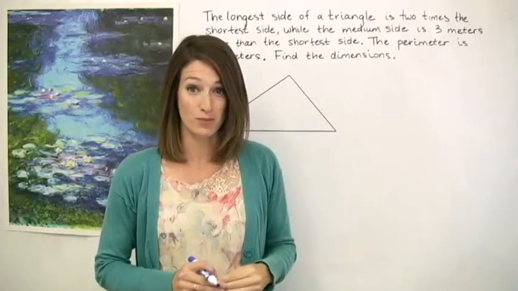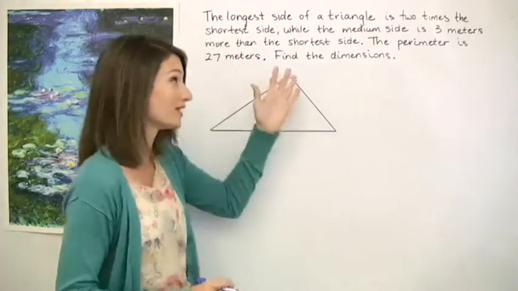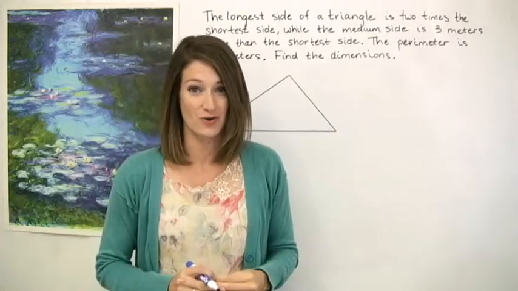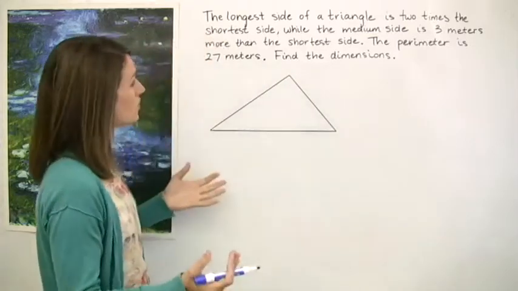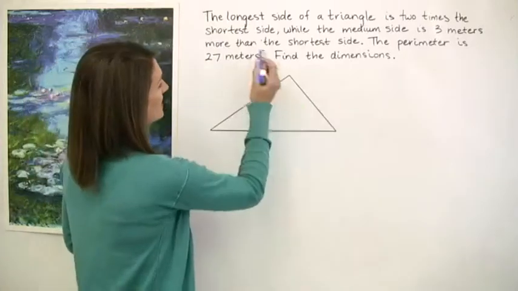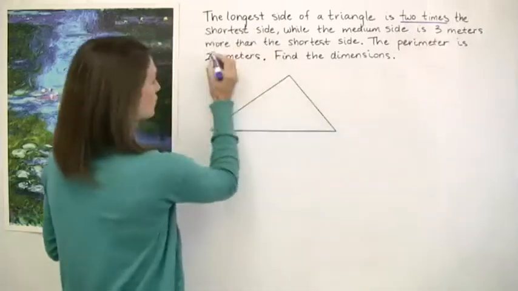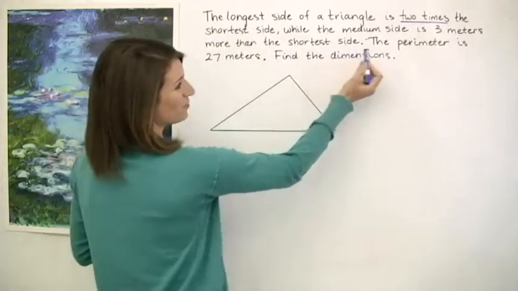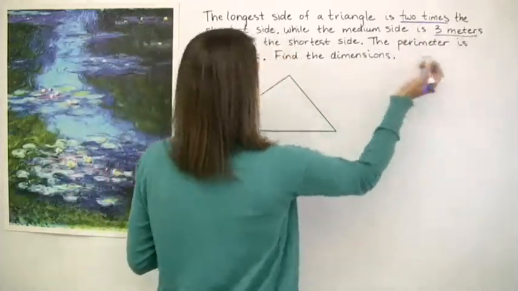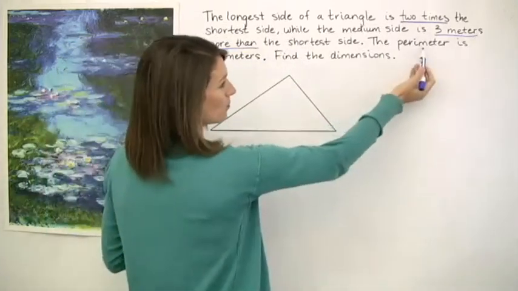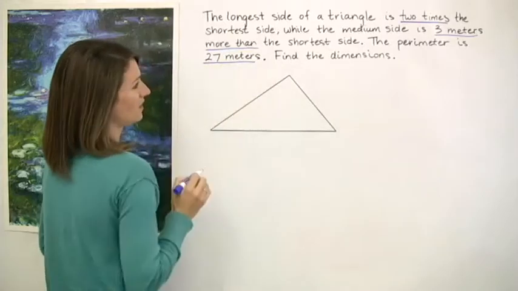So the first step of the blueprint for problem solving is to read the problem and then mentally list all of the known and unknown items. So our known items, we know that the longest side of the triangle is 2 times the shortest side, while the medium side is 3 meters more than the shortest side. And we know that the perimeter is 27 meters.